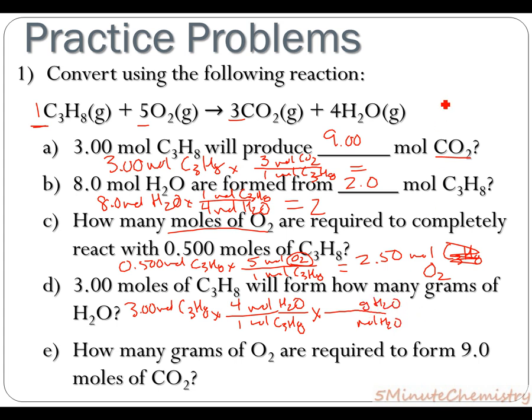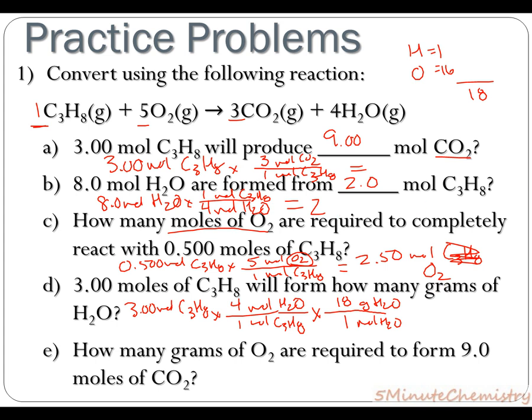So if you recall, hydrogen, 1.01, oxygen is 16, it's approximately 18. So we have 18 grams of water to 1 mole of water. Now we will multiply these across. 3 times 4 gives 12, and then 12 times 18.